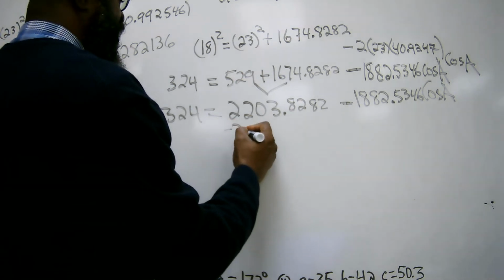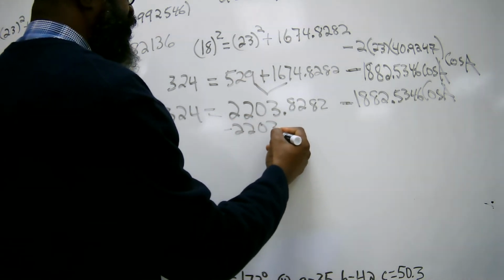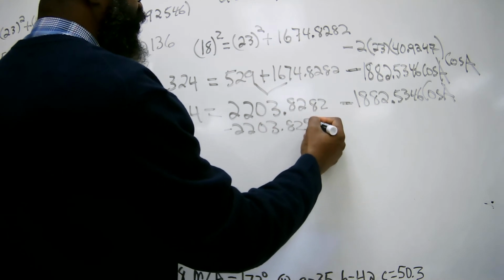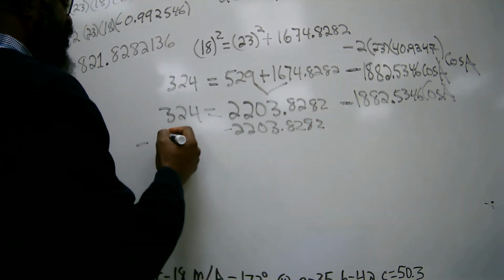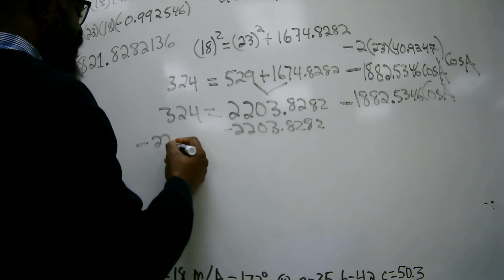You must subtract 2,203.82 from both sides. That's going to become a negative number, as you can see.